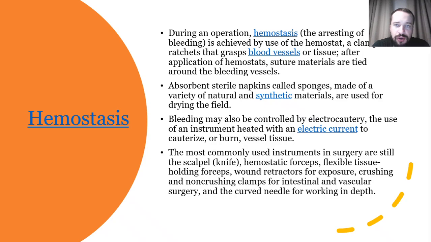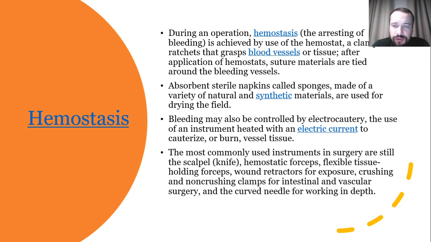After application of the hemostat, suture materials are tied around the bleeding vessels. Absorbent sterile napkins called sponges, made of a variety of natural and synthetic materials, are used for drying the field.